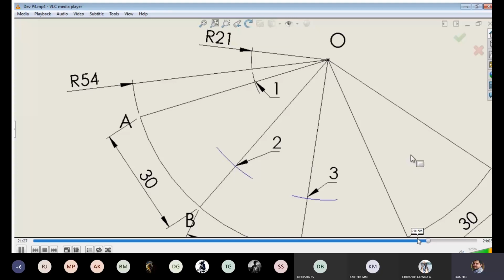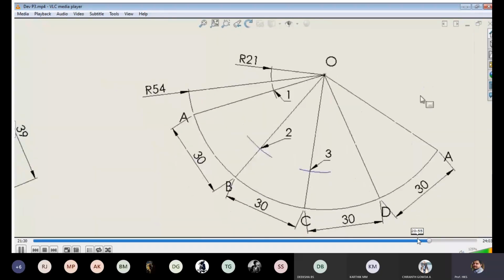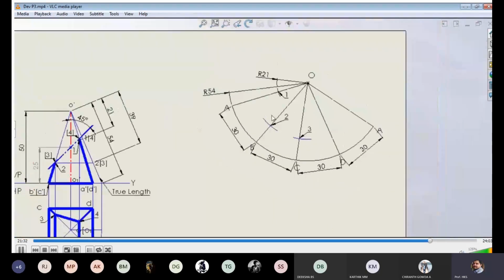These are the cutting points, that means where the cutting plane has passed through these slant edges.